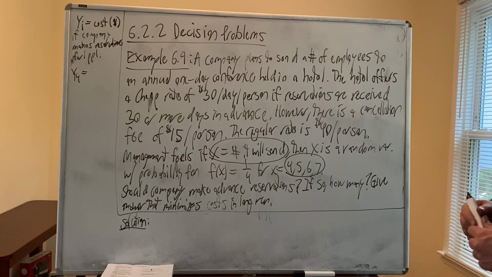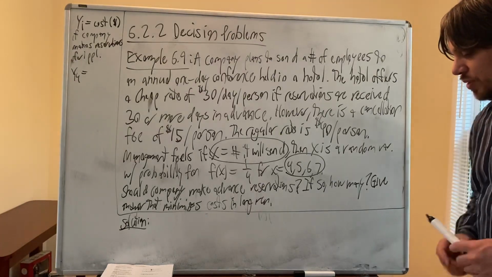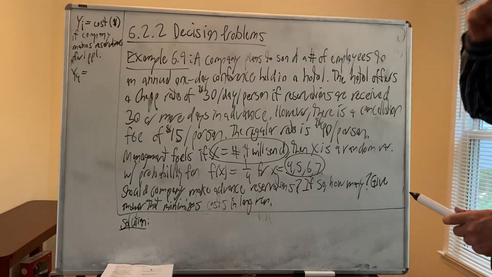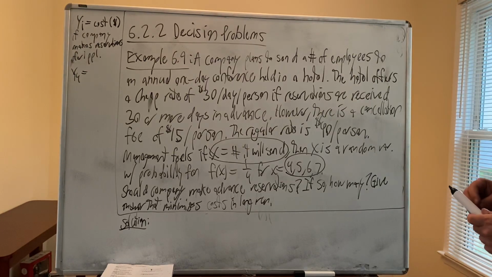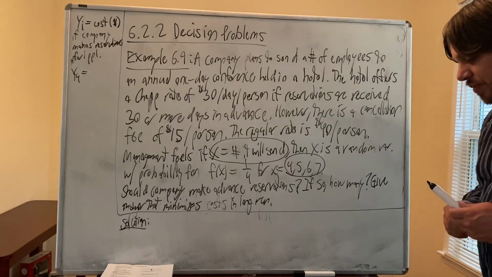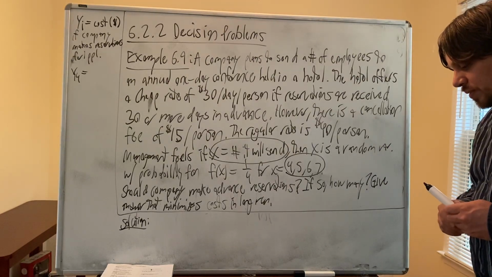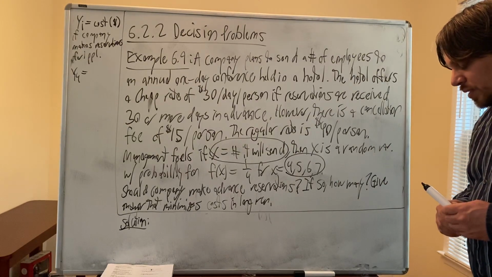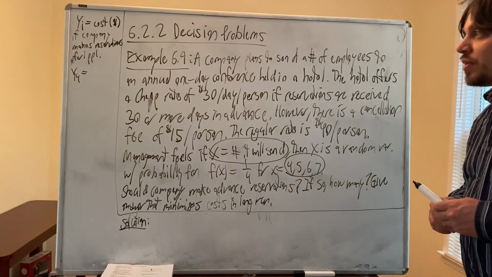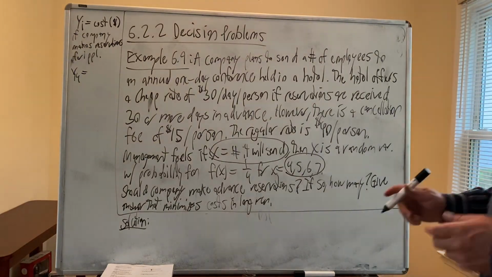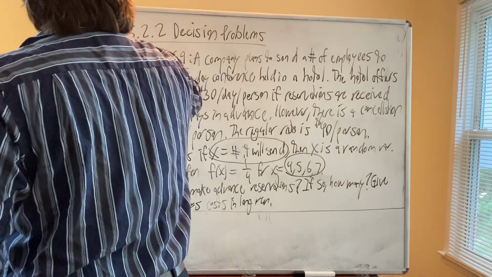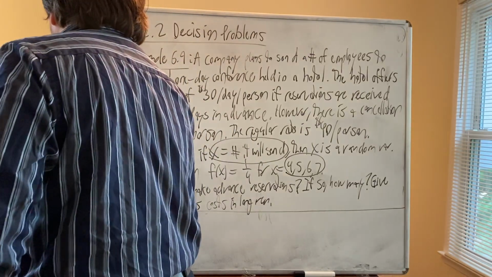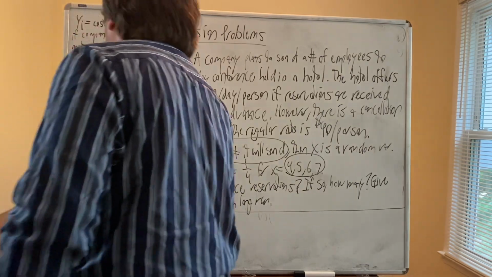So that means that if the company is going to make reservations for i people, we're going to have to consider i values of 1, 2, 3, 4.